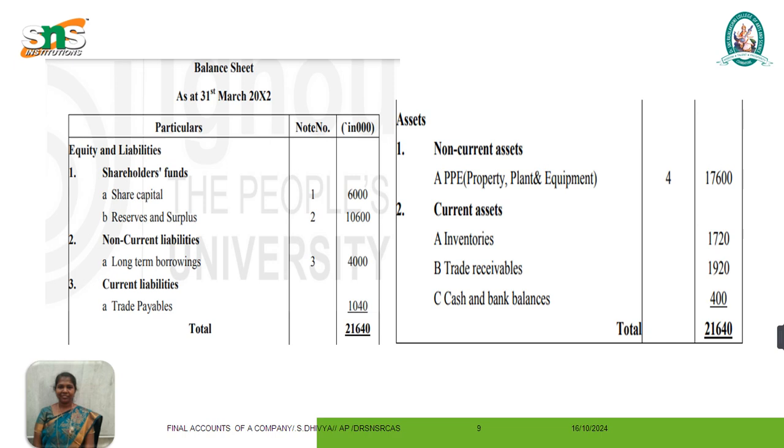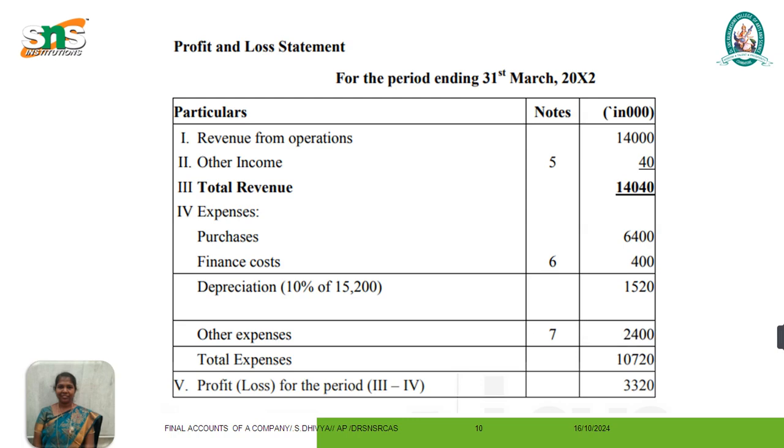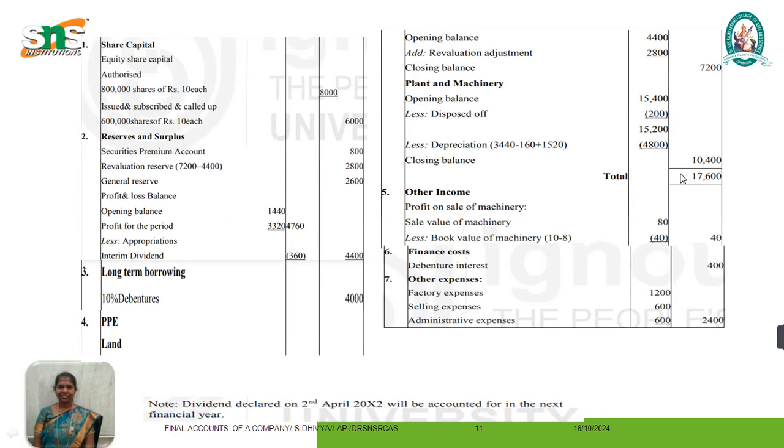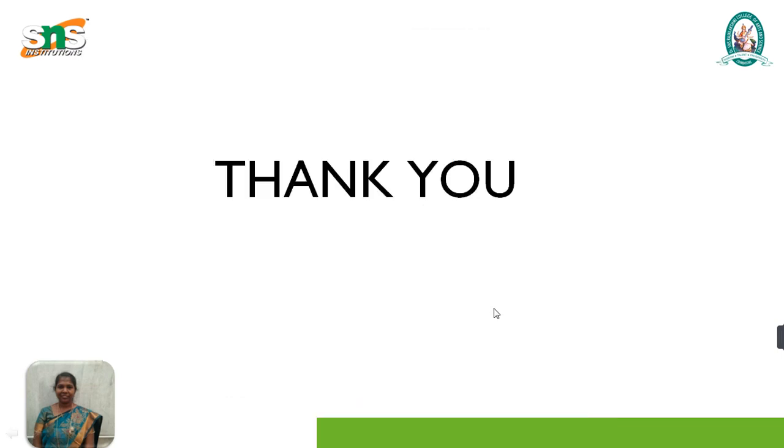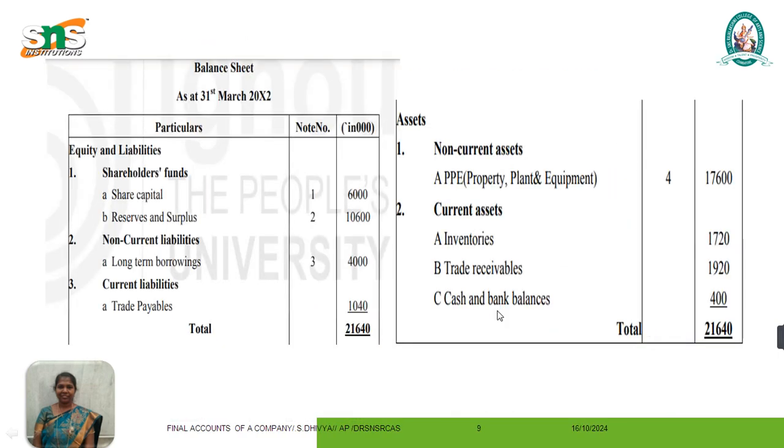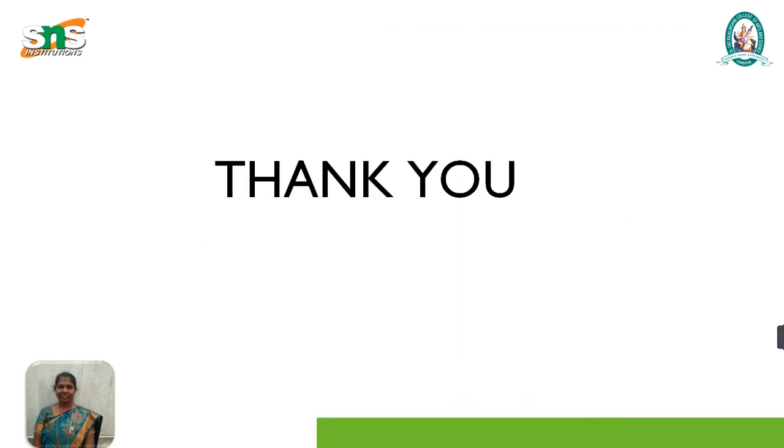So the total liabilities are 21,640. On the asset side, non-current assets are 17,600, with other income, finance cost and other expenses in Notes 5, 6 and 7. Both the liability and asset sides come to 21,640. Thank you.